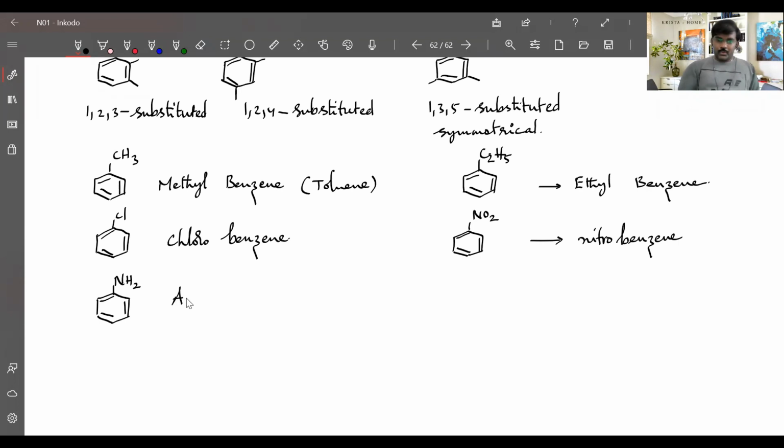You can call it benzenamine, or else you can write aminobenzene, or generally we call it aniline also. This is another important compound we have.